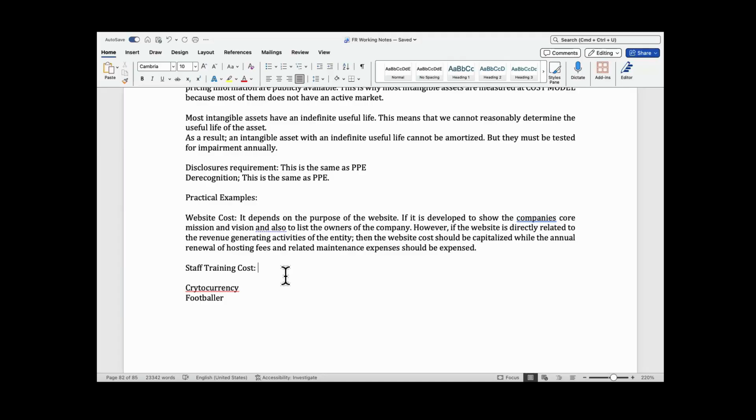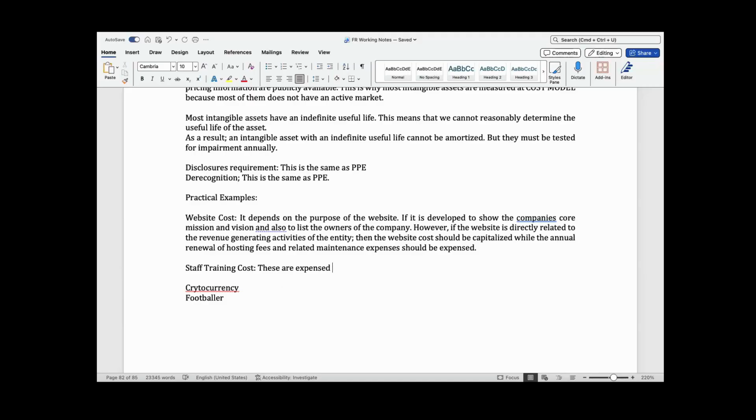Because how much benefit are you going to get? You don't know. Because the staff can leave anytime. They can decide to leave and you cannot stop them. The staff can die anytime. So that training cost in itself is expensed to P&L. We don't add it as part of an intangible asset, saying that now they have a skill, so it's our asset. No, it's not your asset.